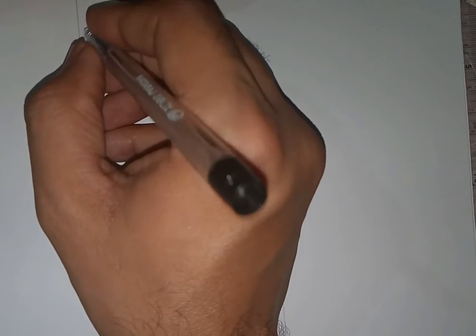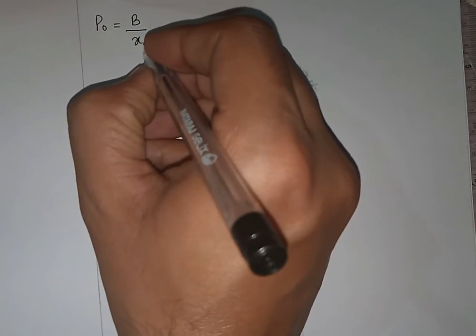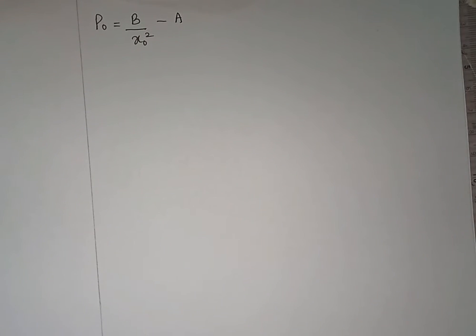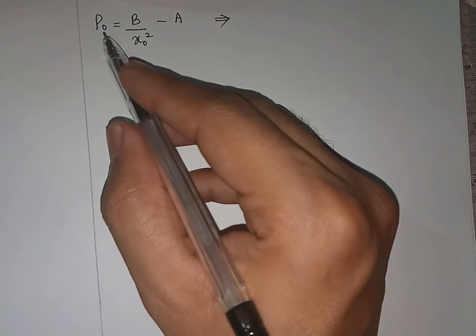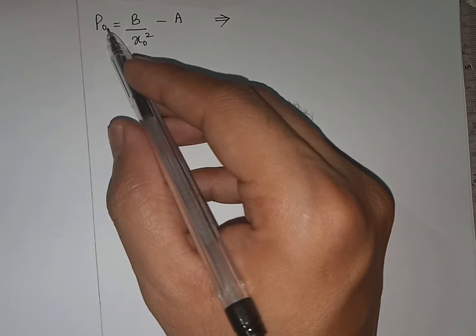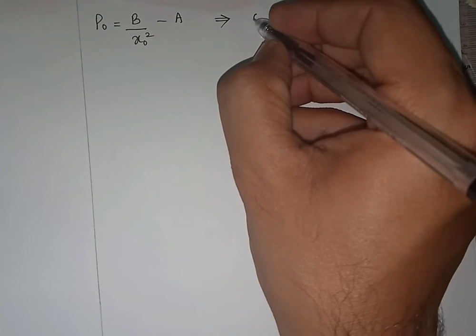Now similarly, putting the second boundary condition, P naught will be B divided by X naught square minus A. Since the external pressure, the outside pressure on the surface of the thick cylinder, is not given, I should assume it as 0.